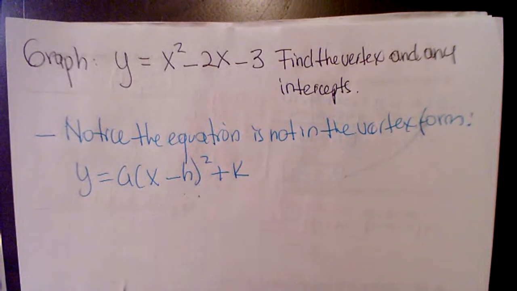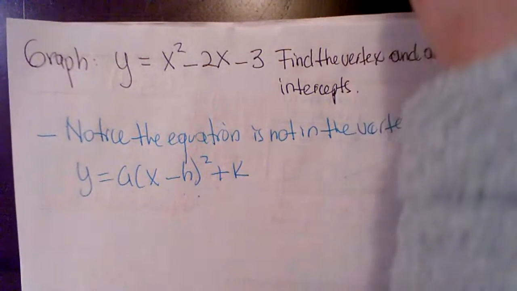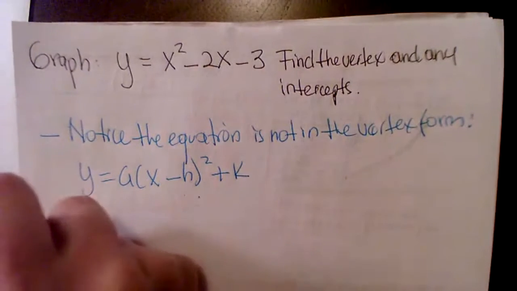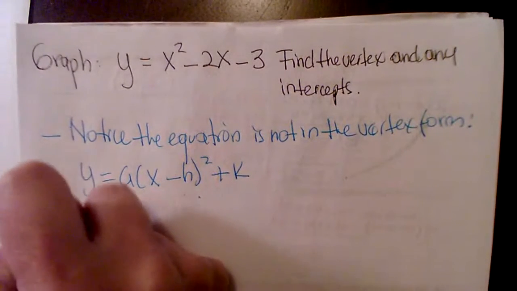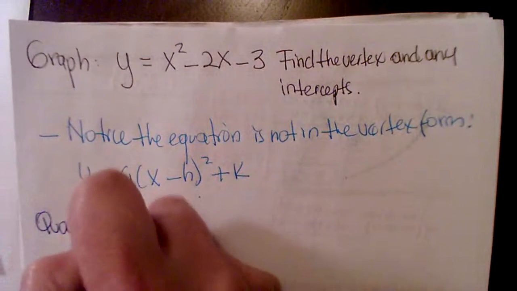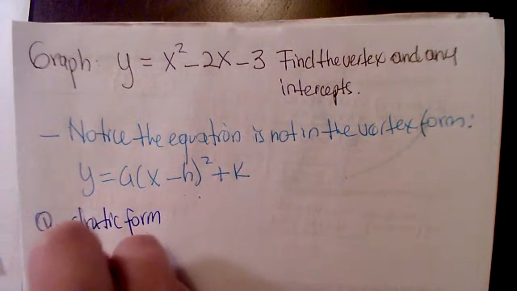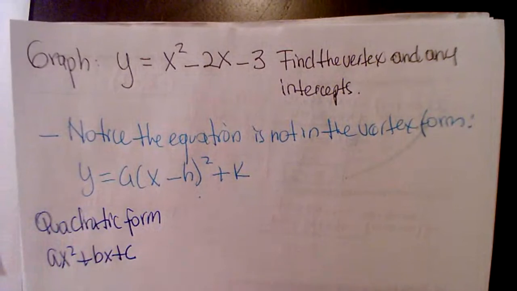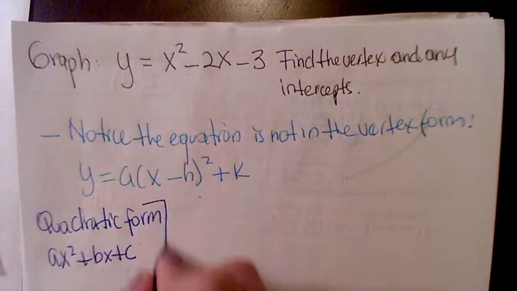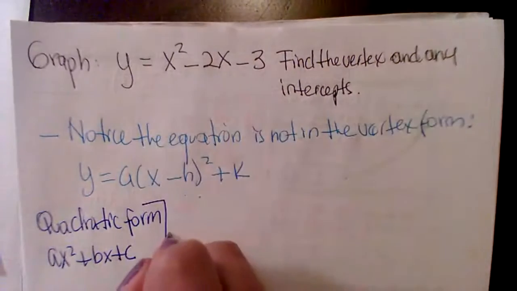And we're going to complete the square to convert it into the vertex form. The quadratic form, which is ax squared plus bx plus c, is the one that we have here.